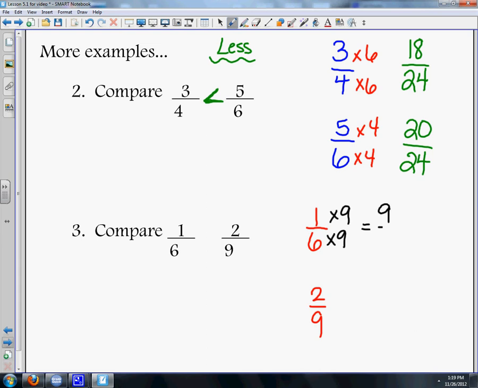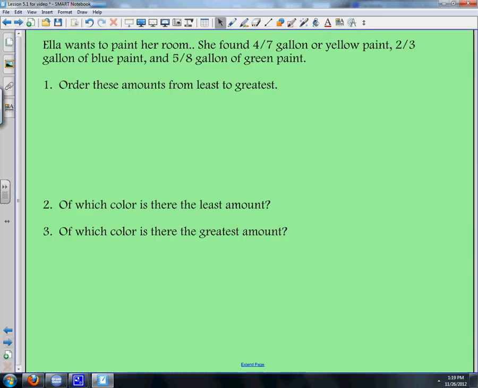So this is 9 over 54. And this is 12 over 54. So I know that 1/6 is less than 2/9. And it does not require a ton. It's just multiplication tables. Pretty simple.